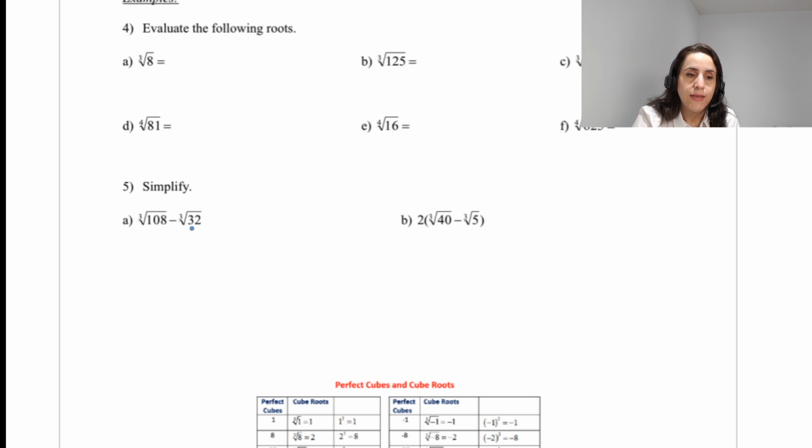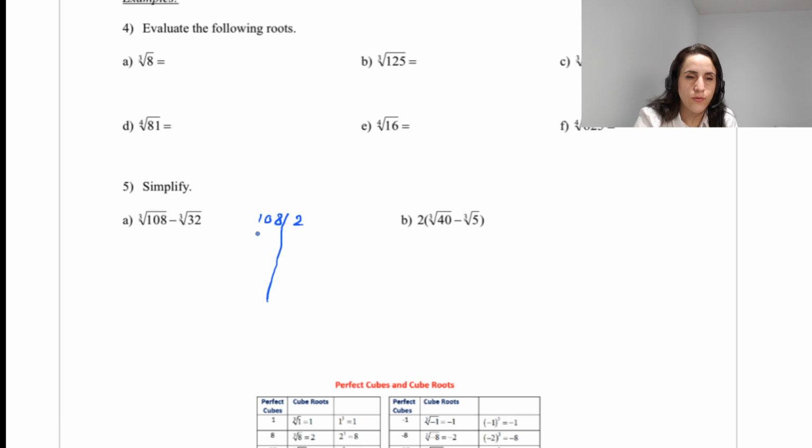The cube root of 108 minus the cube root of 32. Let's see what I can write for these ones. For 108, I can find the factors. I believe so, let me make sure.